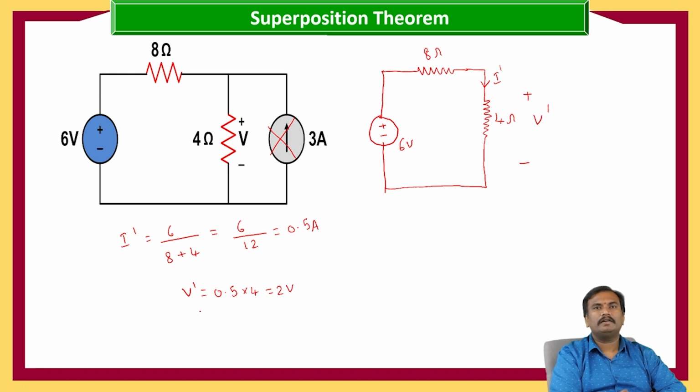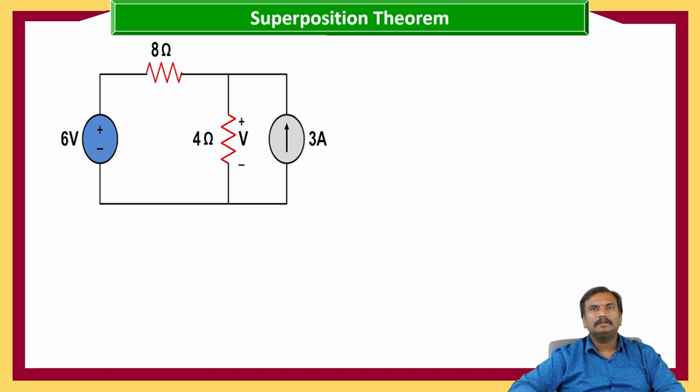So we got V dash as 2 volts by making the 3 ampere source open circuit and 6 volts acting. This is our first case. Now we need to go with the second case, that is when the 3 ampere source is acting and 6 volts is short circuited.